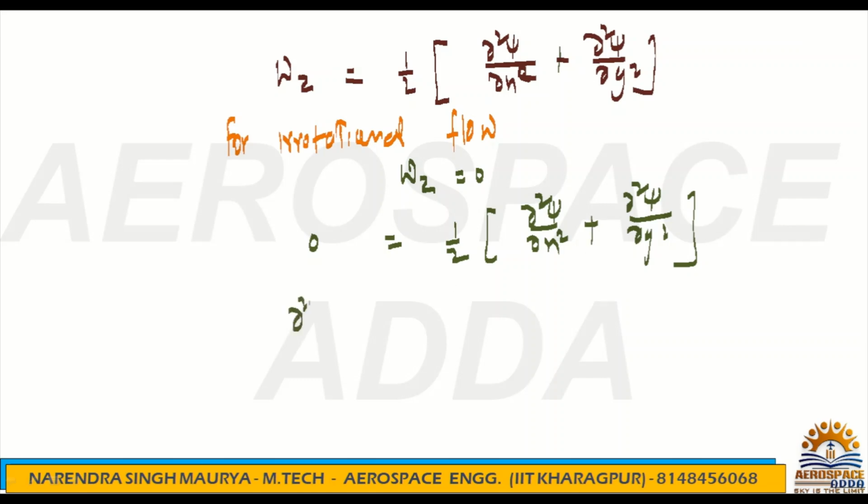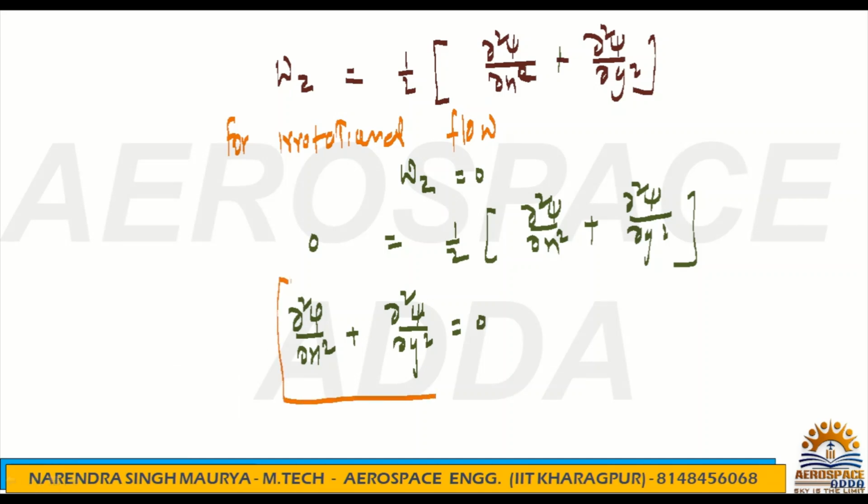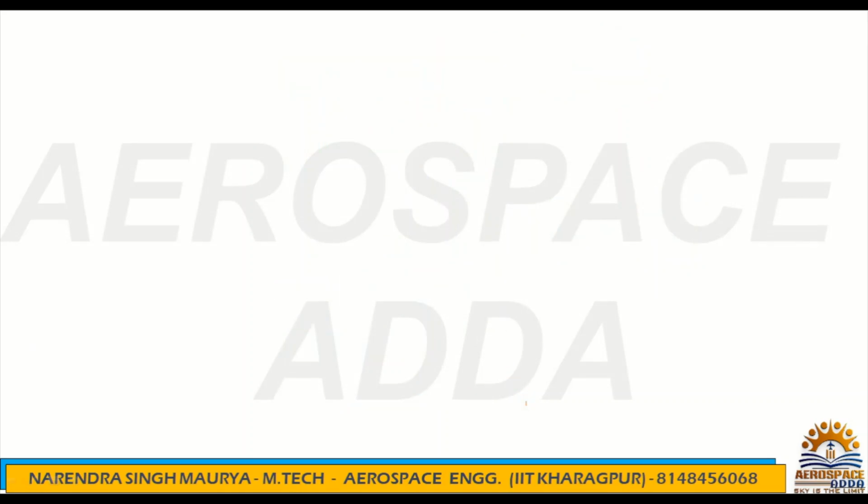Ultimately what you got: dou square psi by dou x square plus dou square psi by dou y square is equal to 0. This is the main outcome here. If you have done engineering mathematics in your engineering course, then you are aware of this equation.